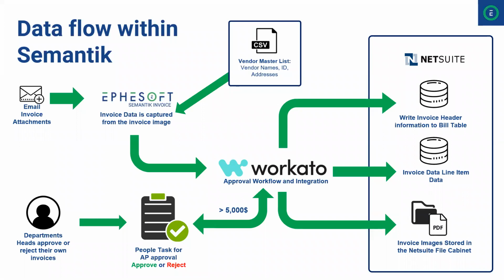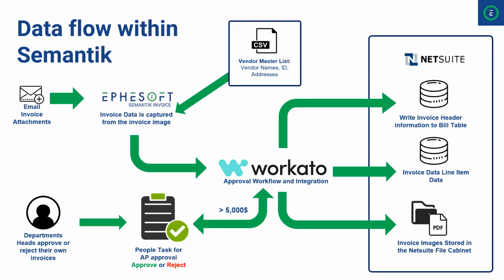Starting at the top here, I'm going to kick the demo off with forwarding some emails with attachments. That's actually the number one way accounting clerks are receiving invoices today, all through email. So being able to forward it directly into an inbox that Ephesoft Semantik Invoice is monitoring.